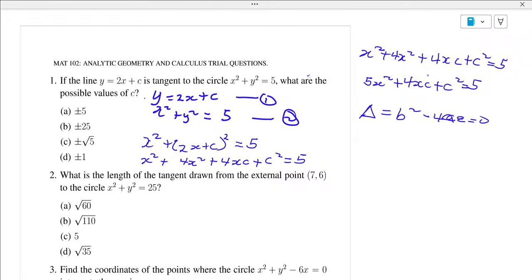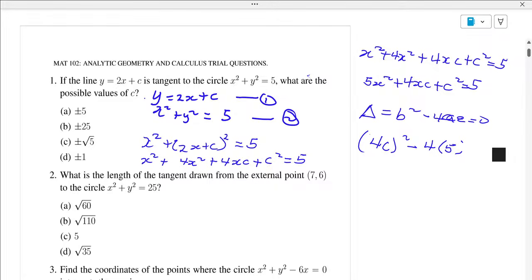If we compare this to our equation, our b here is 4c, so we have 4c squared minus 4. Our a here is 5, and our c will be c squared minus 5.